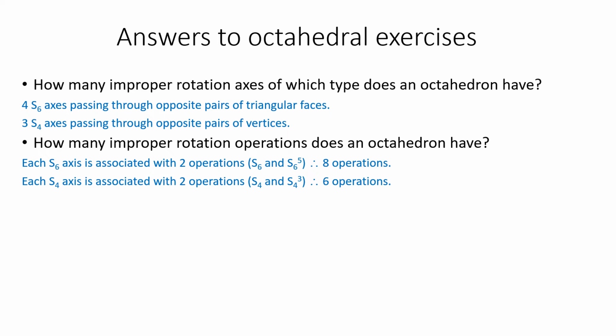Then you might think, it's the same thing if you do the S6 operation 4 times. That's the same as doing C3 twice. What happens if you do the S6 operation 3 times? Would that give you an S2? Well, actually it would give you an S2, but that's what we call I, the centre of inversion.